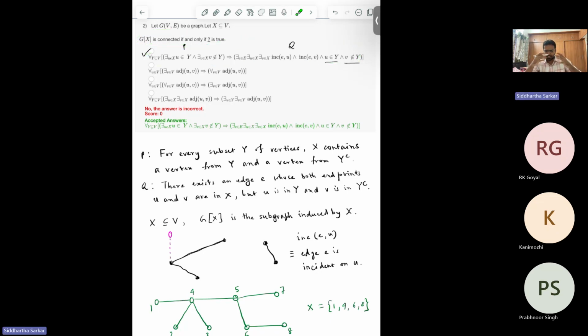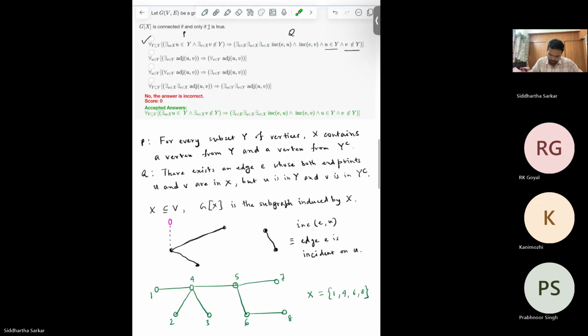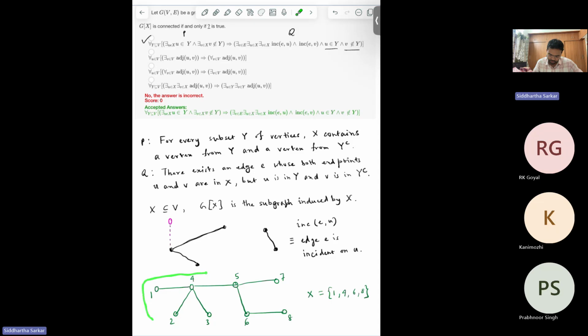Now, it is such a long statement, that is why I have taken an example. So consider this example. This is my graph G, and suppose this X is given to you. What is the subgraph induced by X?